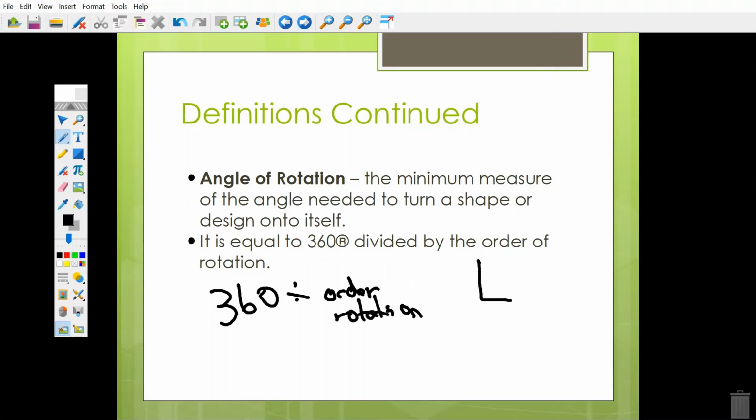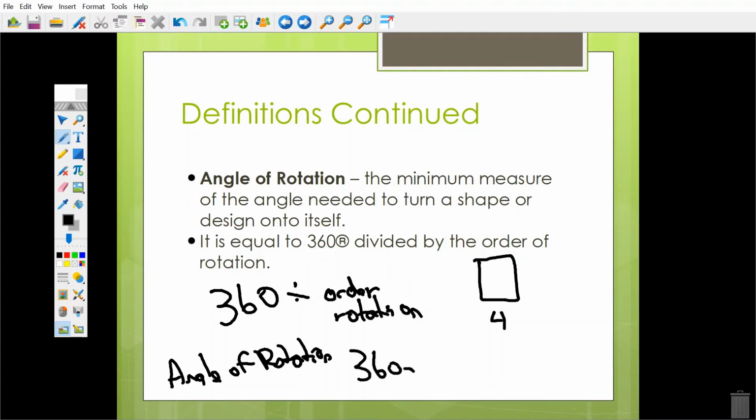So for our square, which had an order of rotation of 4, we would go 360 degrees divided by 4, so the angle of rotation would be 90 degrees.